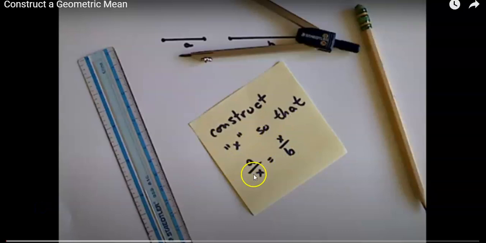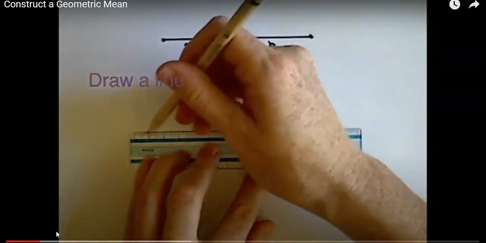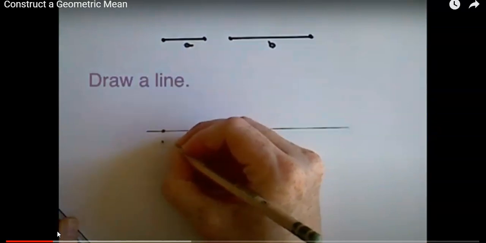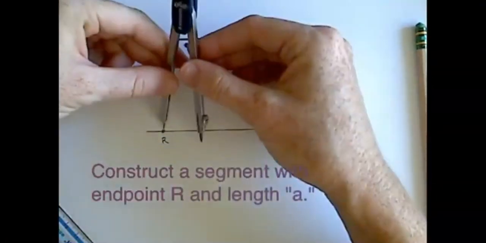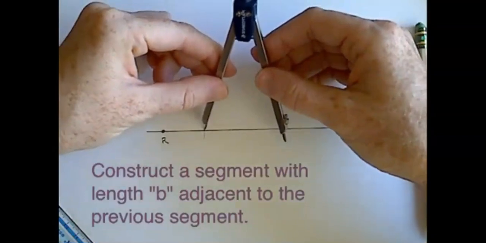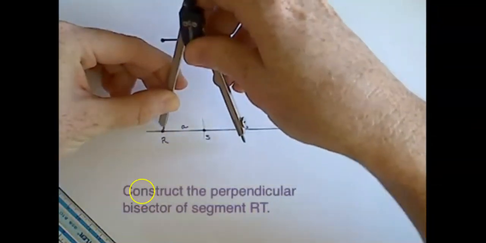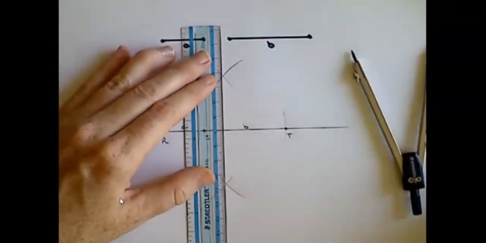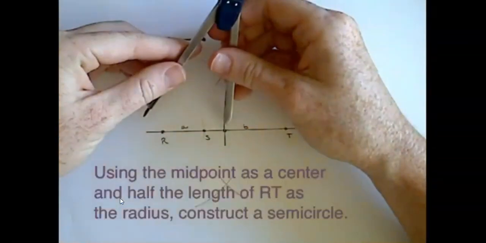So we're going to construct x so that A is to x is equal to x is to B. So please continue to watch this video lesson until the end, and feel free to recreate such a construction to appreciate the ancient Greek way of visualizing geometric numbers such as the square root of AB.